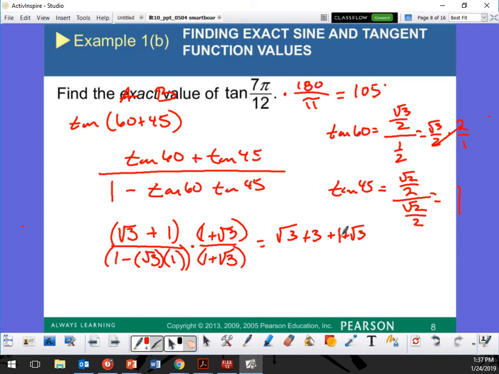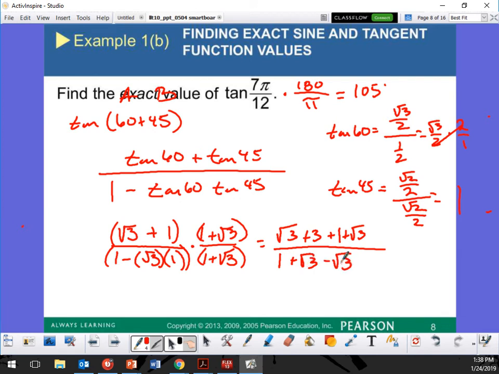Oh, I'm sorry. The 1 didn't show up. All that's going to be over. Okay. Now the next one. As I multiply, it's the 1 times 1. 1 times positive rad 3. Negative rad 3, because that's a minus, right? Negative rad 3 times 1.